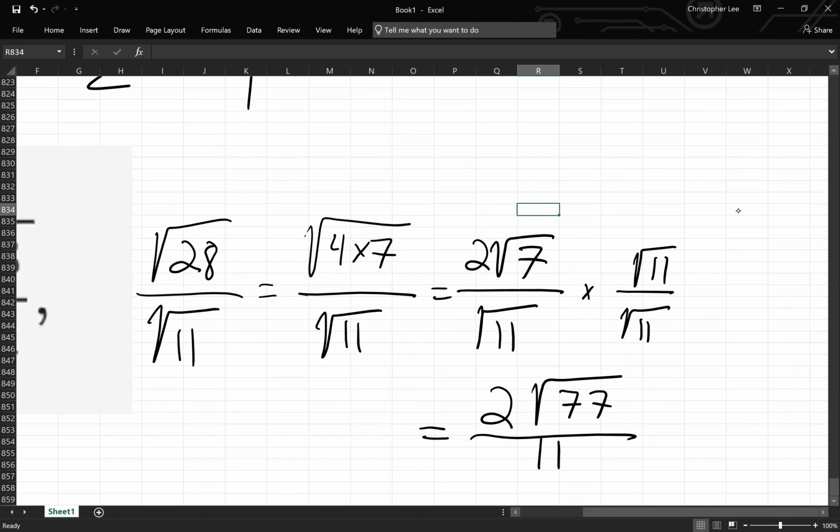You're good. Oh yeah, square root 11 times square root 11 is square root 121, and the square root of 121 is just plain 11.